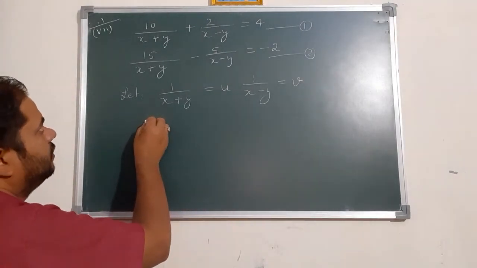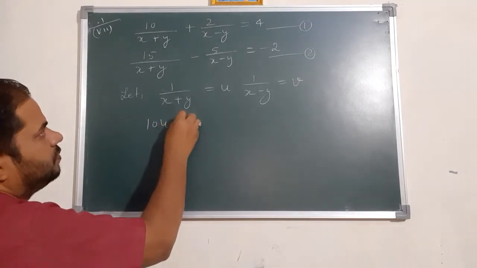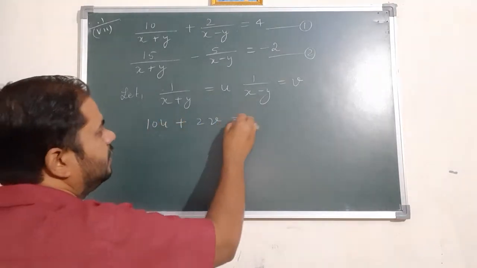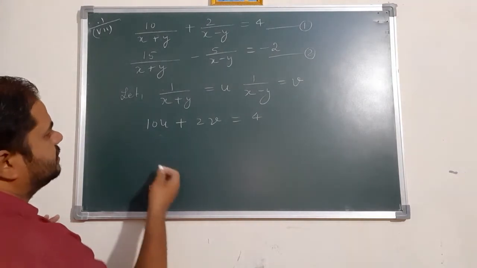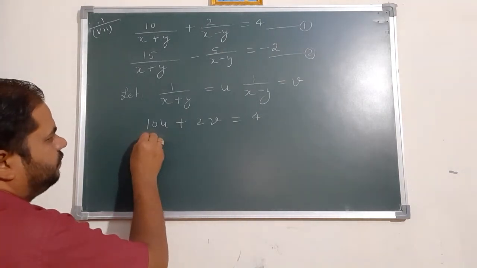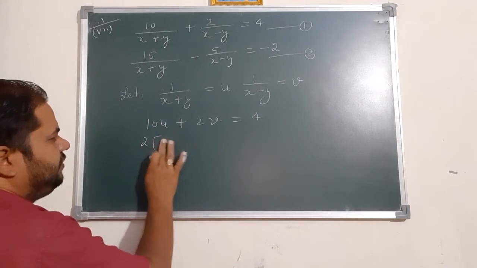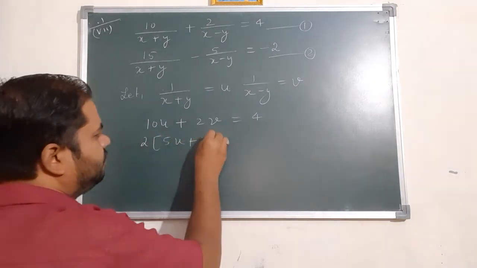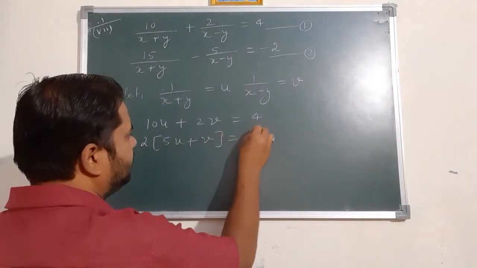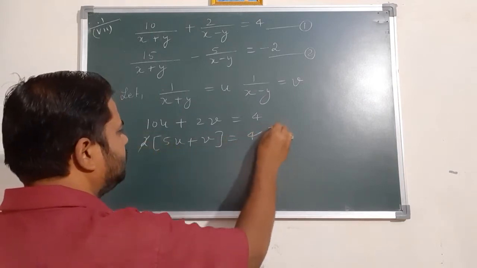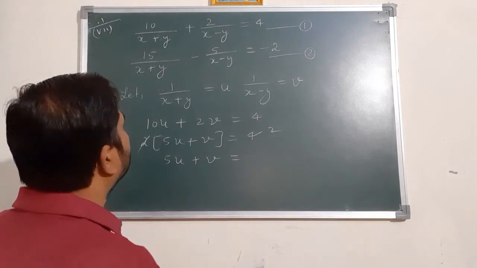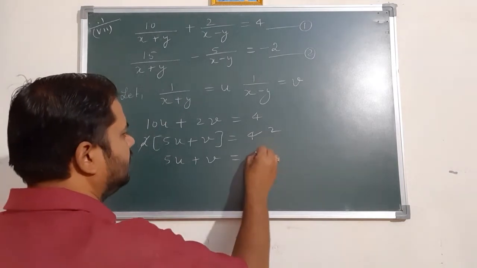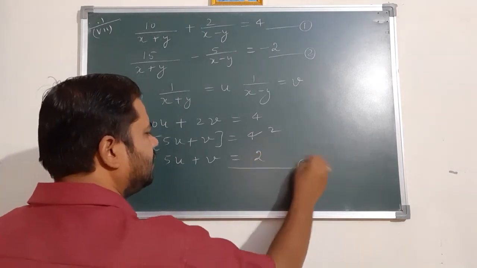So this becomes 10u plus 2v is equal to 4. And if you see, 2 is common, so 5u plus v is equal to 2, equation number 3.